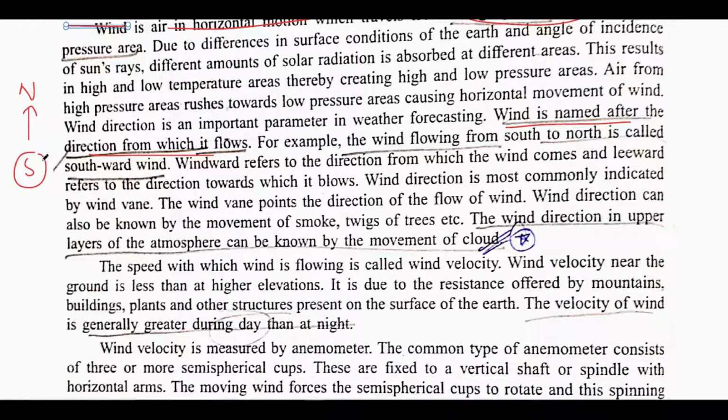The important thing is that the side from where the wind is blowing is called the windward side, and the side towards which the wind is blowing is called the leeward side. Leeward side.